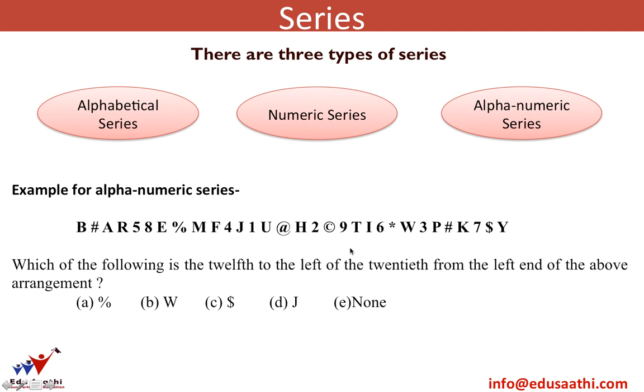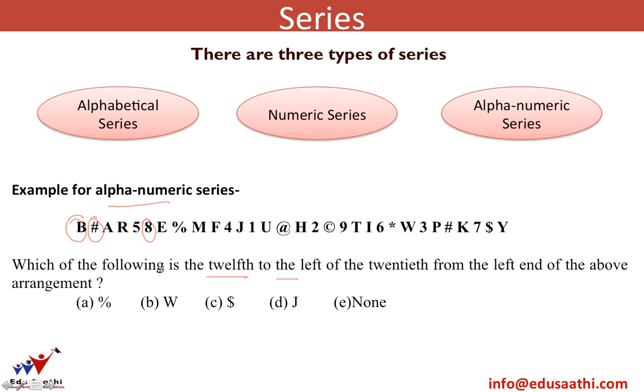Now what is an alphanumeric series? Here I have alphabets, I have symbols, and I have numbers. So three things together make an alphanumeric series. Now here questions would be like, which of the following is the 12th to the left of the 20th from the left end of the above arrangement.